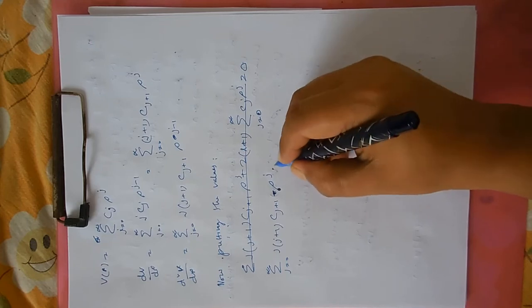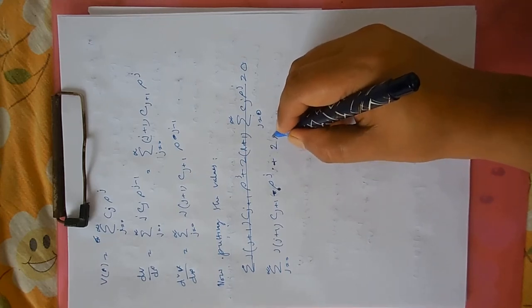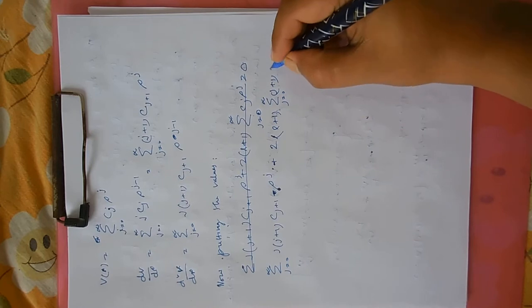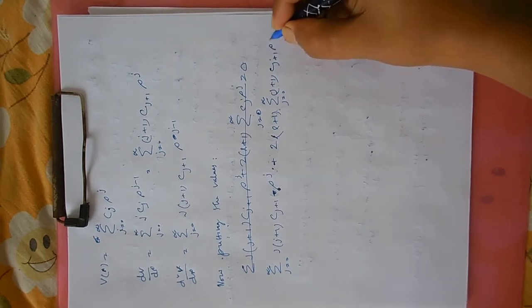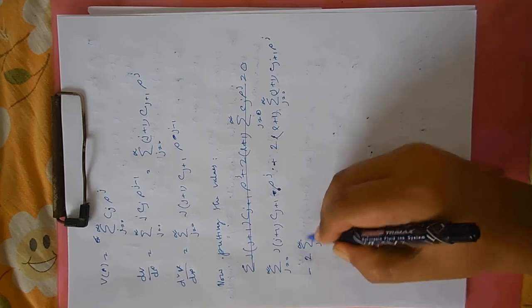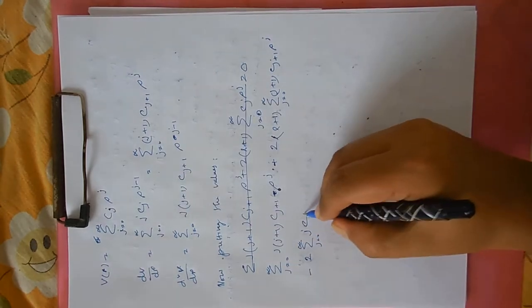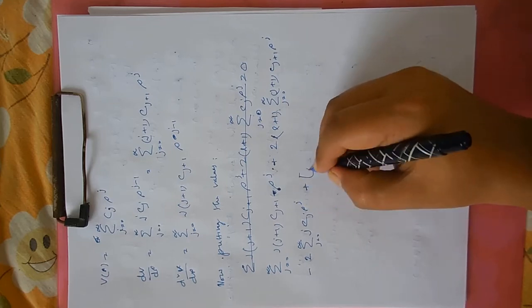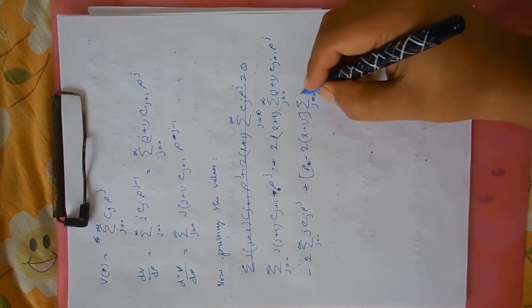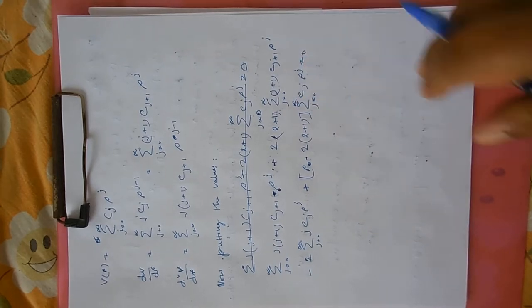Then plus 2(l+1)(j+1) C(j+1) ρ^j, minus 2j Cj ρ^j, plus ρ0 minus 2(l+1), the summation over j from 0 of Cj ρ^j, equals 0.